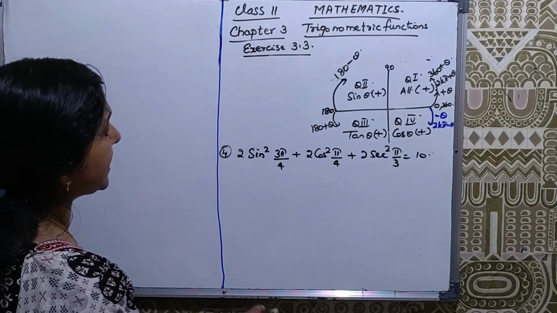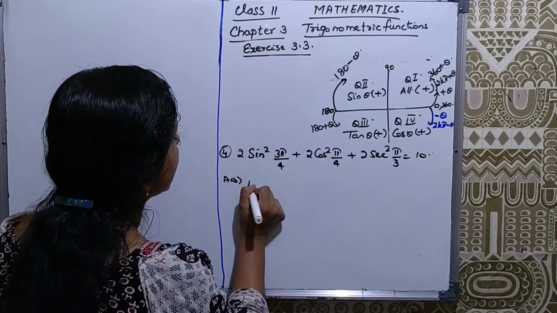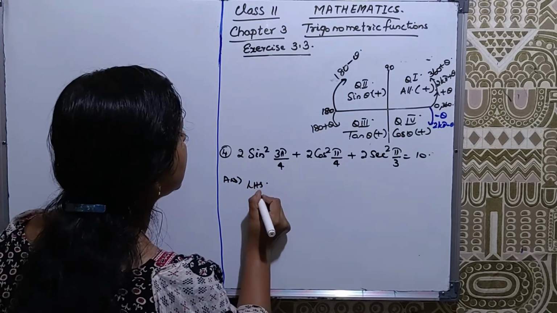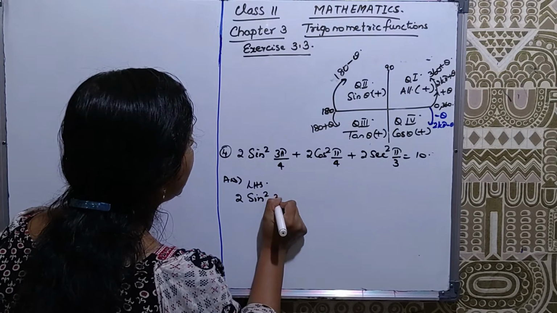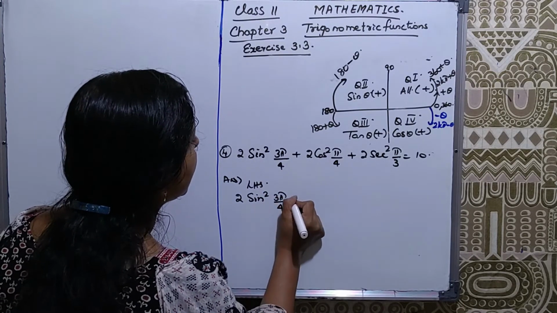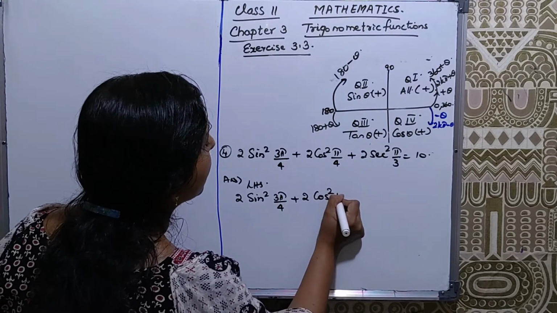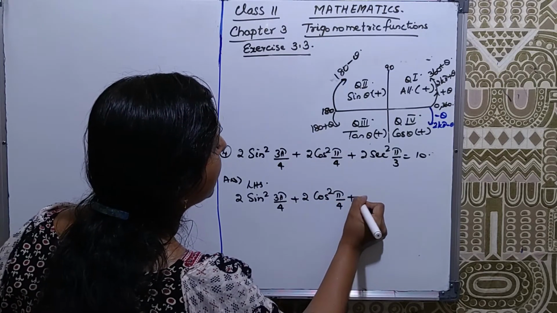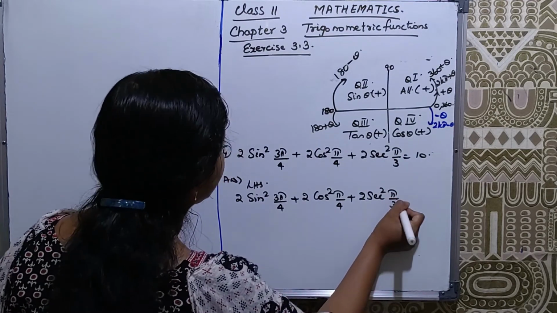For proving that, again take the LHS part of the question: 2 sine squared 3 pi by 4 plus 2 cos squared pi by 4 plus 2 sec squared pi by 3.